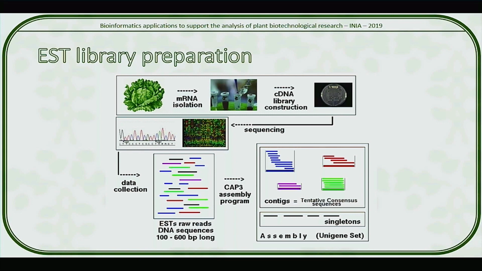So, for example, once you finish sequencing an EST library, you get your data, which is EST raw reads, that look like DNA sequence, and you use a program, like a very old program like CAP3, which is an assembly program, to try to reconstruct some of the transcripts based on overlappings between different clones.